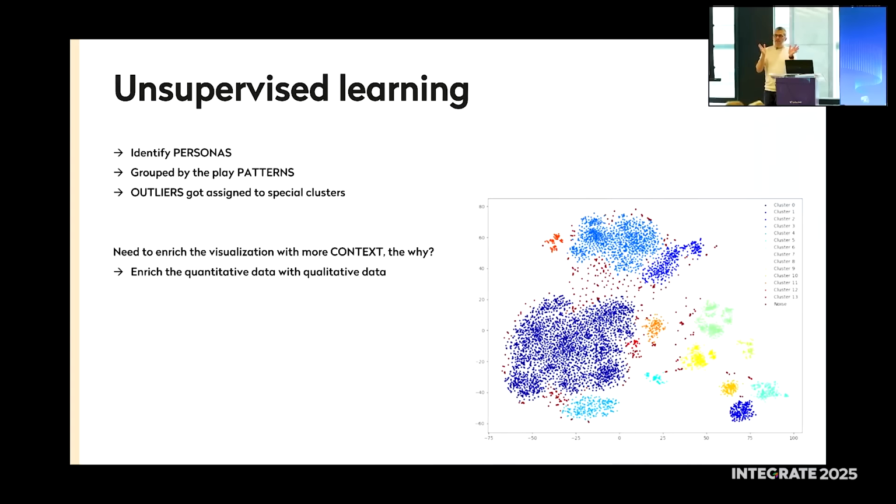Suppose you are a user and you have some features: the country, how much money you deposit, and how much time it takes from login to the first, let's say, bet. That could be three features. You plot these three features into a 3D space, and then you have your point.